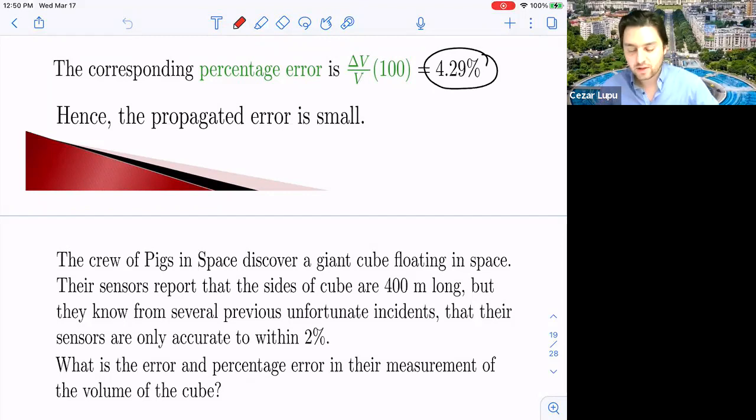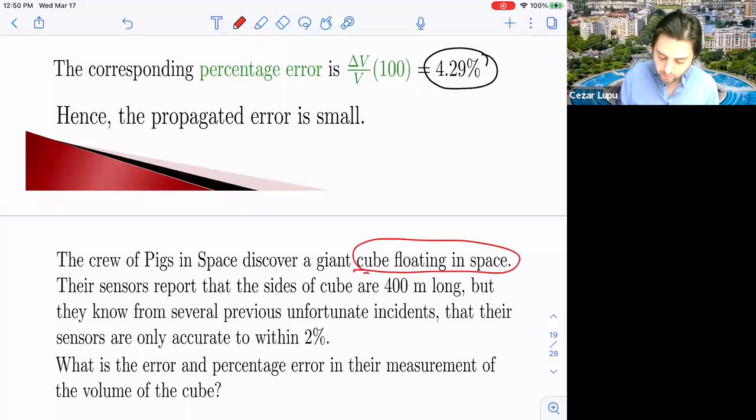So when we have such a problem, we need to identify what we're dealing with. We have a giant cube, floating in space. And we know that the sides of the cube are 400 meters long.